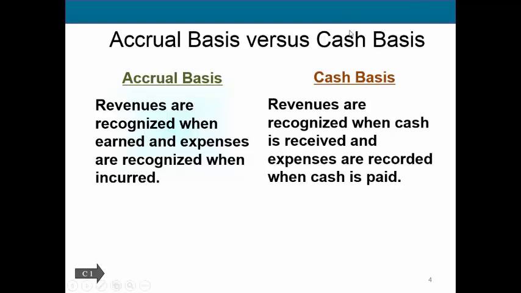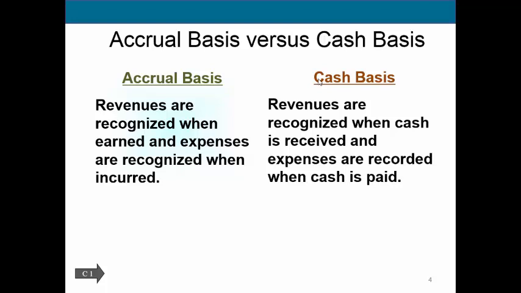If we were following cash basis accounting rather than GAAP accounting, we would never record an account receivable. Instead, let's say that we made a sale on January 1st. We made a sale, but that person is not going to pay us until January 15th. Under accrual-based accounting, we would need to record an account receivable and the revenue on the 1st when that sale was made.